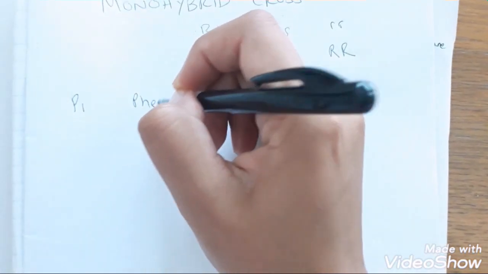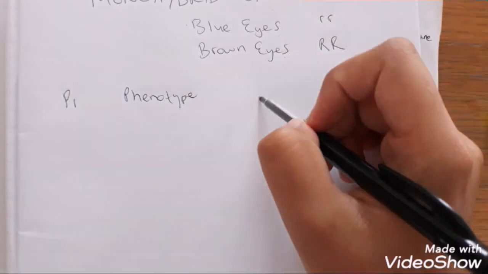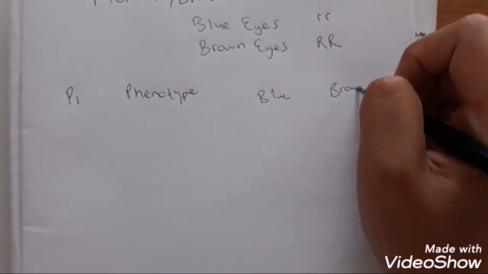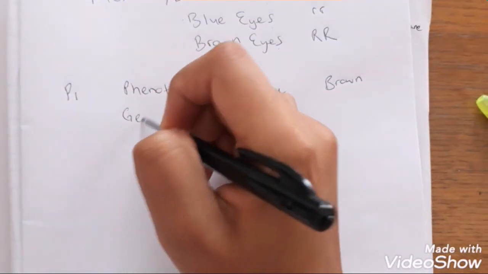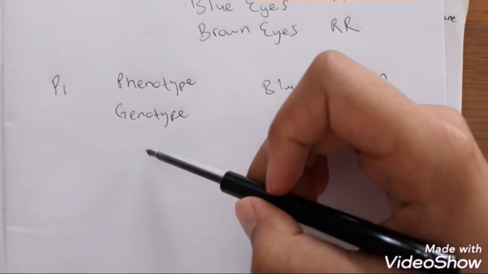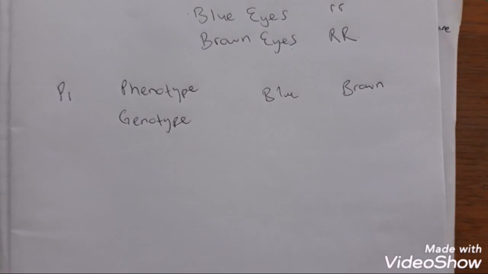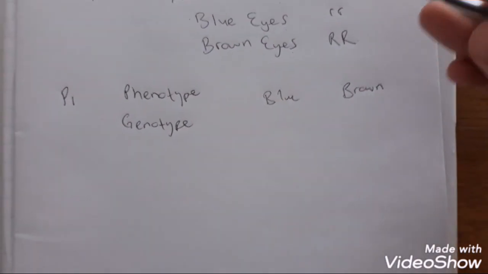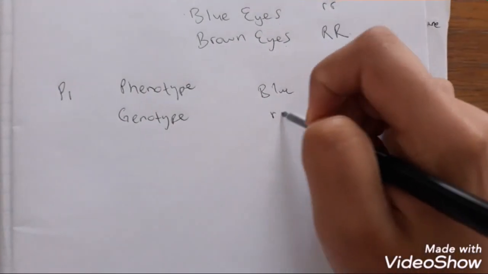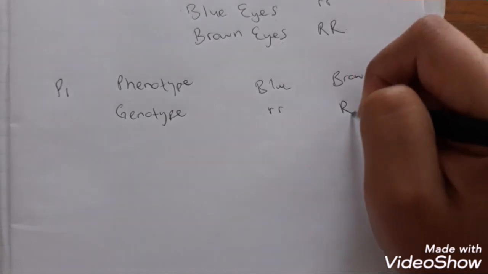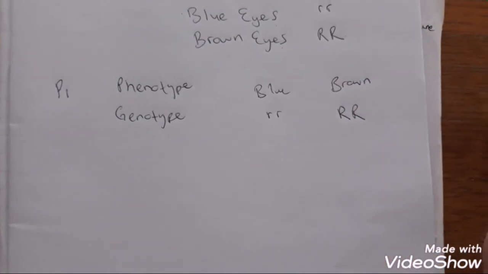We'll look at the phenotype, blue and brown. Then the genotype. Remember, genotype needs to have 2 genes. Okay? So blue-eyed has 2 small r's and brown eyes has 2 big R's.